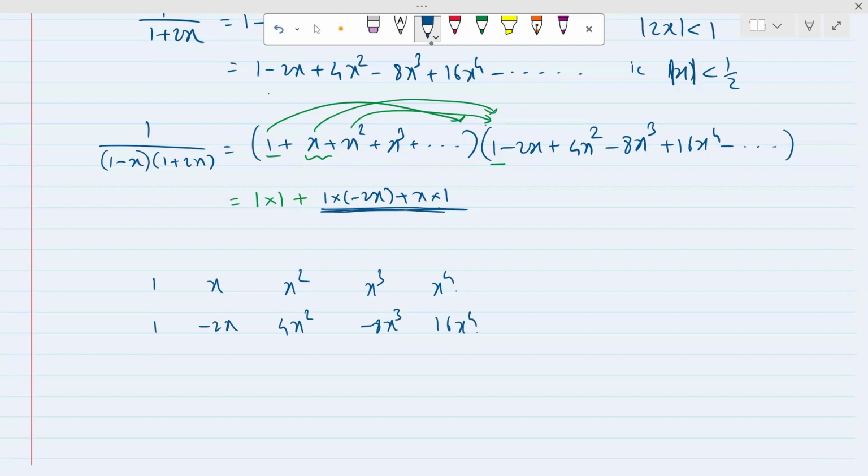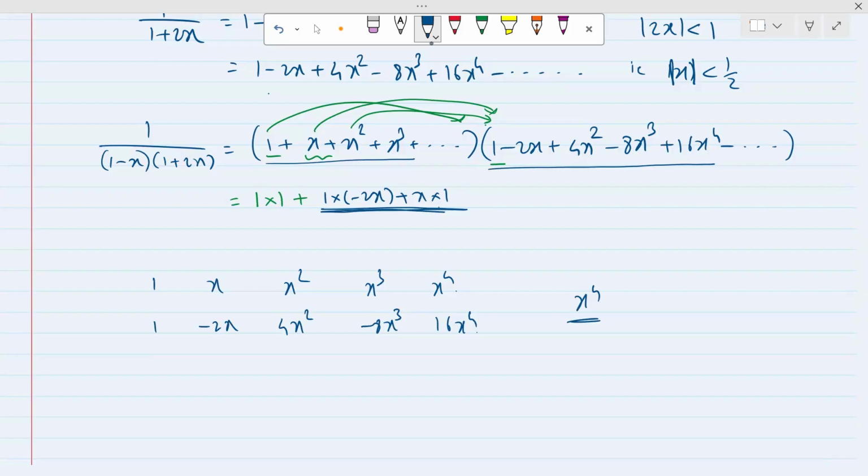If I want the coefficient of x raised to 4, I need to pick up the first 5 terms from the first bracket and 5 terms from the next bracket. Then how will I get x raised to 4?